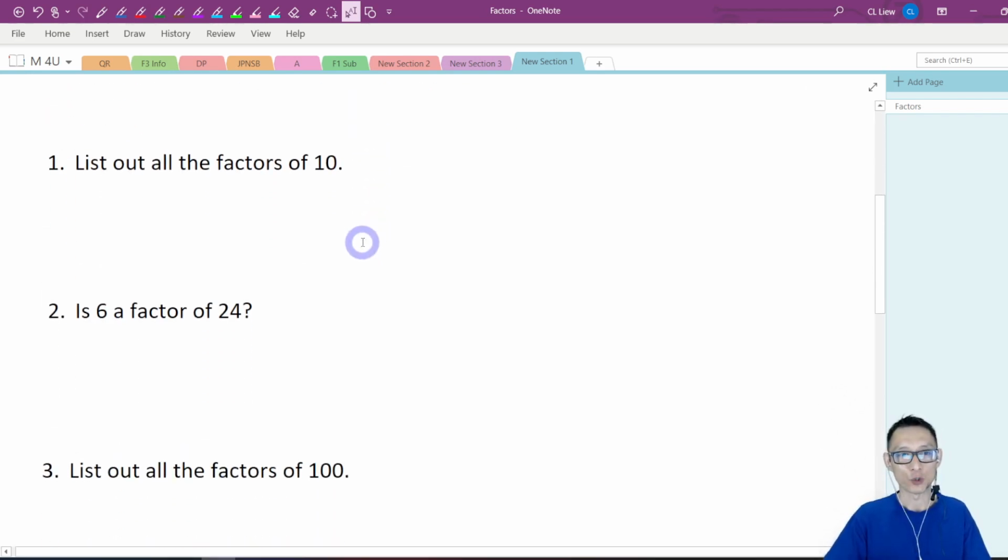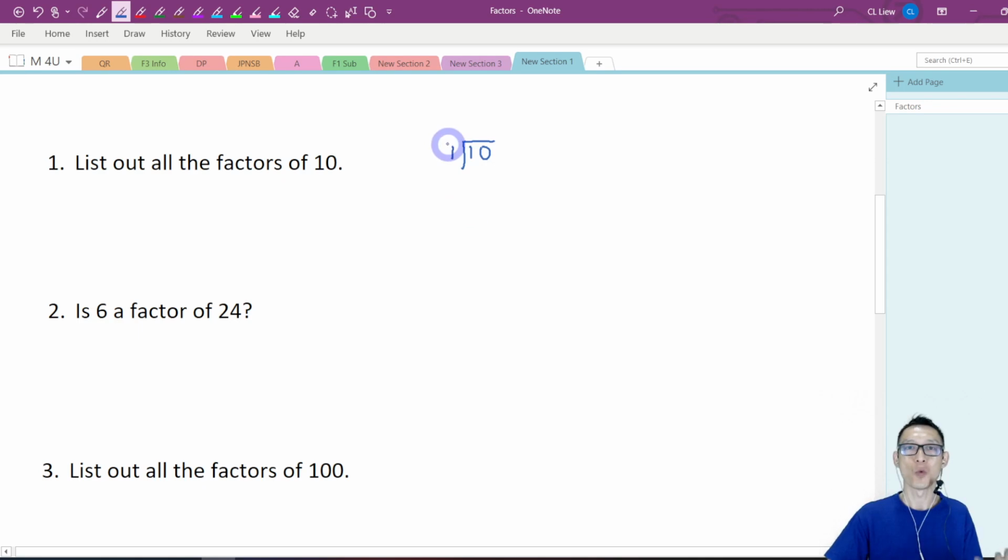Let's say the question asks us to list out all the factors of 10. Normally we start considering from 1. Now, if I want to test whether 1 is a factor of 10, what should I do? I write 10 over here, and the number which I want to test will be the divisor.